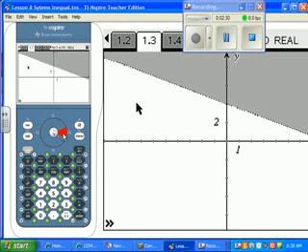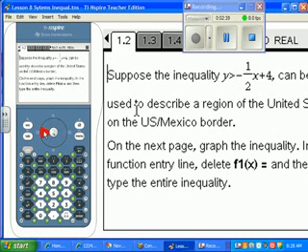So what region is the U.S. territory? Shaded. Well, what does it say? Let's go back again. Suppose the inequality y is greater than negative 1/2 x plus 4 can be used to describe a region of the U.S. on the U.S.-Mexican border. On the next page.